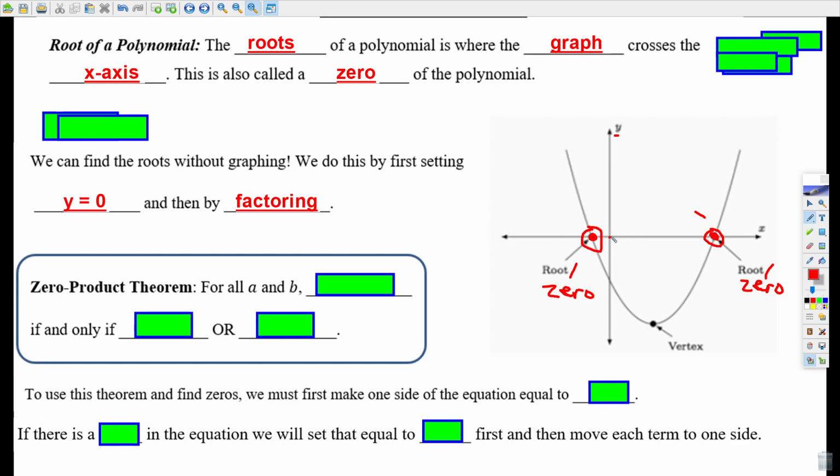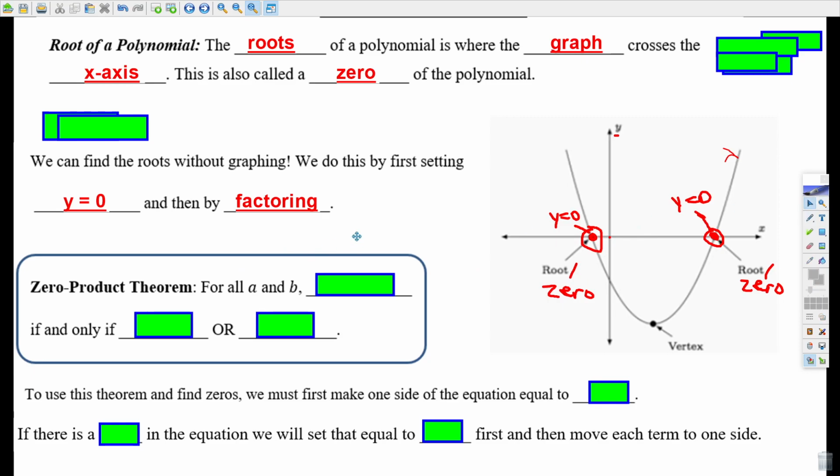But we do know at this point, in both cases, that y is 0. And in this one, y is also 0. So once we know that we have the y value to be 0, then we can talk about factoring and figure out where this happens.